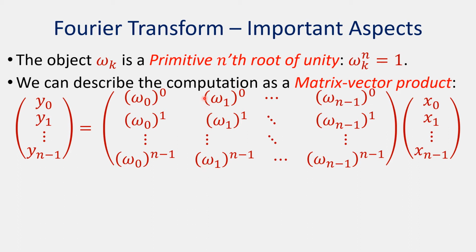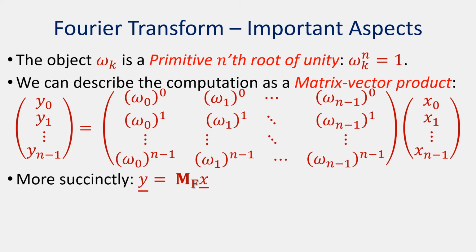We have the primitive root of unity corresponding to the index 1, and we raise that in increasing powers from 0 to 1 to n minus 1. And that's all the way through to the last column. We have our last primitive root of unity. In the first row, we raise it to the power 0. In the second row, we raise it to the power 1, all the way down to the last row.